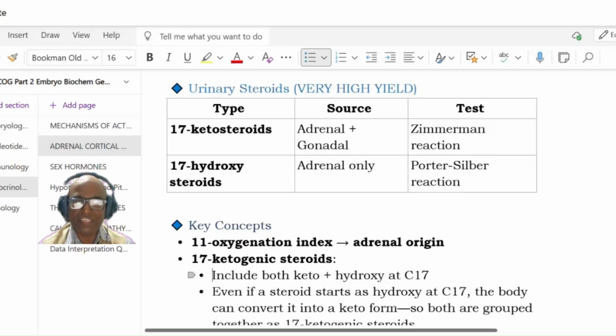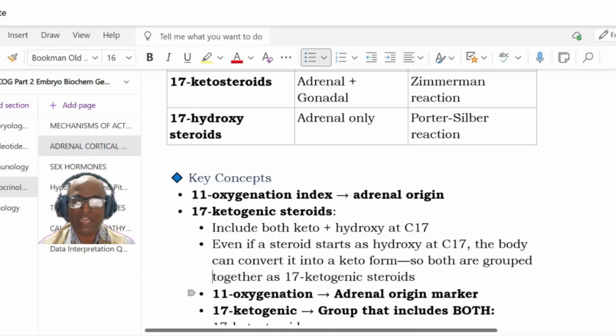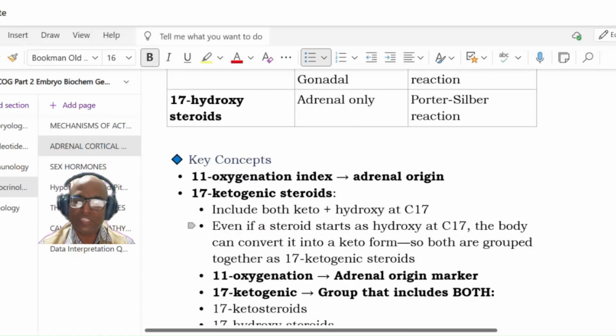Now these 17 ketogenic steroids include both keto plus hydroxy at carbon 17. So even if a steroid starts with hydroxy at C17, the body can convert it into the keto form. So both are grouped together as 17 ketogenic steroids. It doesn't mean that they have the ketone group as such.